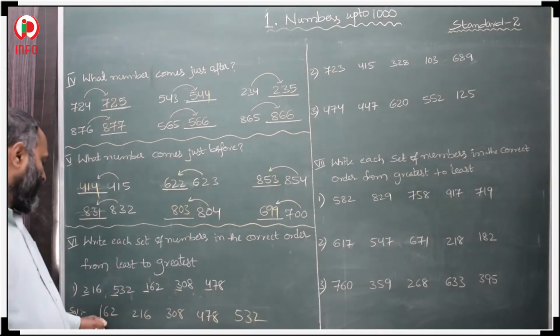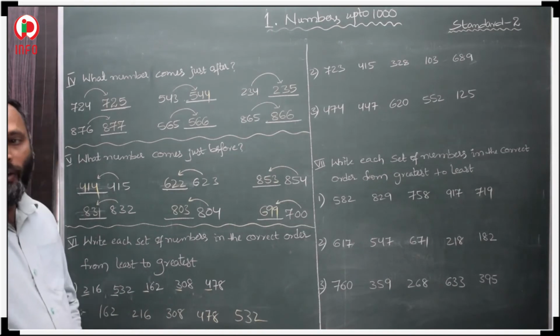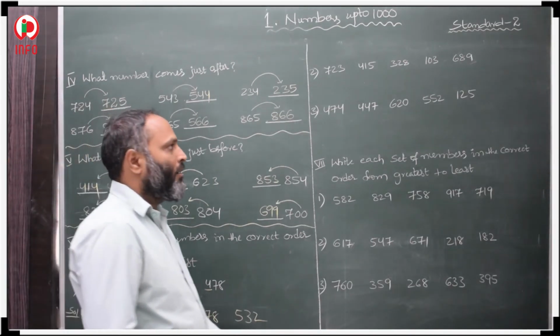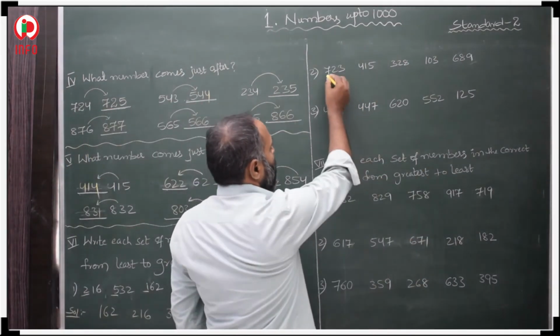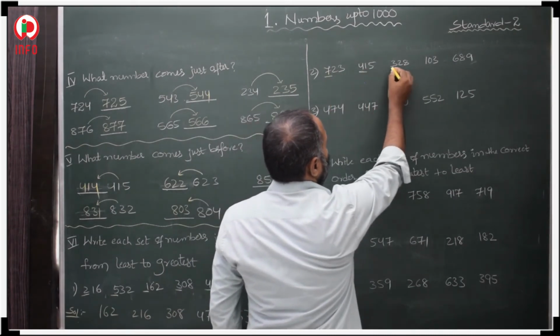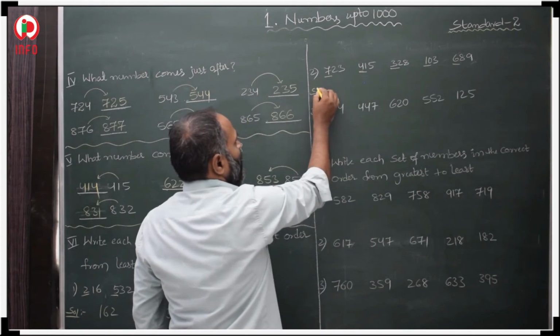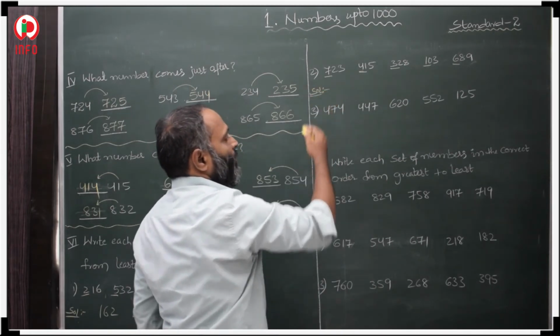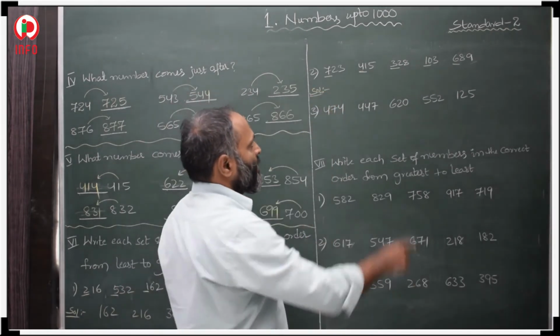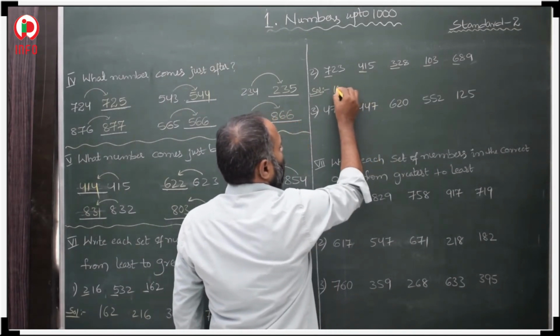So using the hundreds place value. Here the hundreds digits are 7, 4, 3, 1, 6. Smaller to bigger we have to write, ascending order. First 1 will come, that is 103.